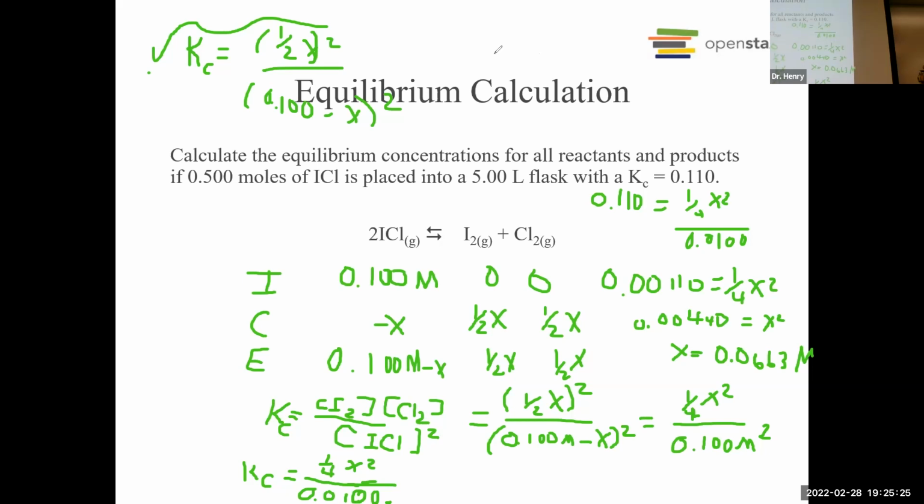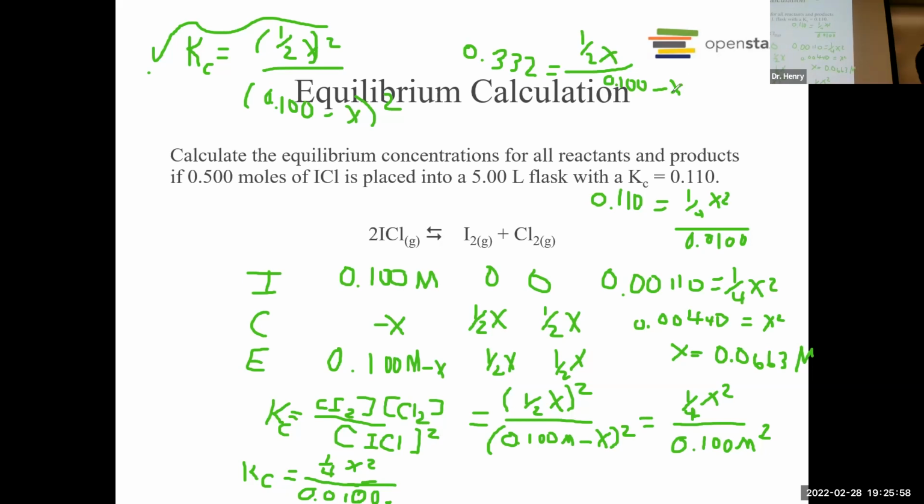So the square root of 0.110 is 0.332, equal to 1/2 x over 0.100 minus x.